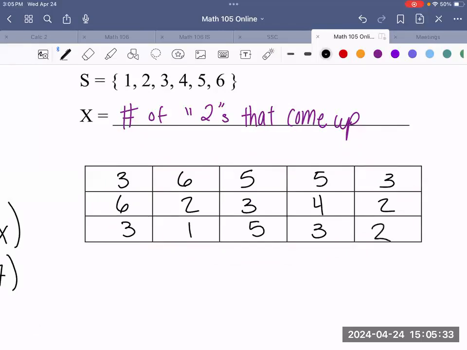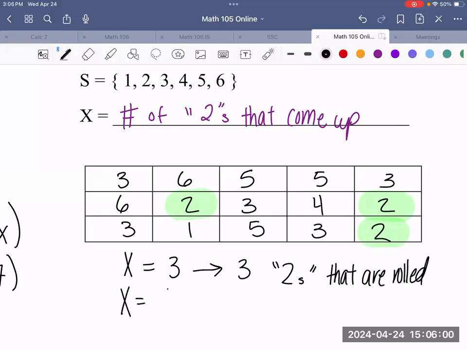Okay, in our case, I'm looking for the number of 2s that occur, which I have 1, 2, 3. In this occurrence, X is equal to 3 means that I have 3 2s that are rolled.